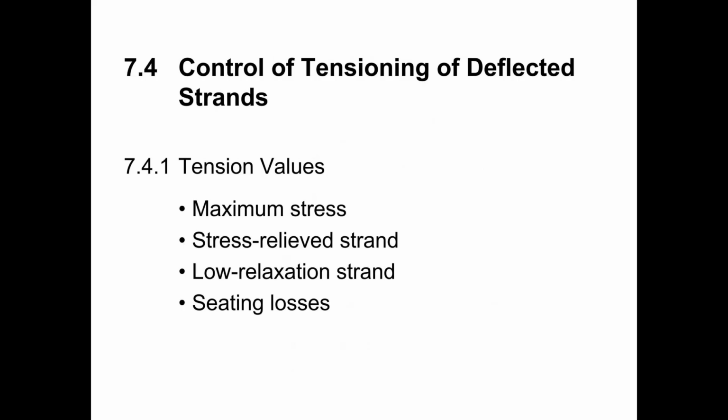All right, in your book, there's a good discussion of code limitations that apply to tensioning values and pre-stressing strand. That's on page 710 and 711. A lot of these limits are not really relevant to the plant. They're more relevant to the engineer designing the pre-stressed element.